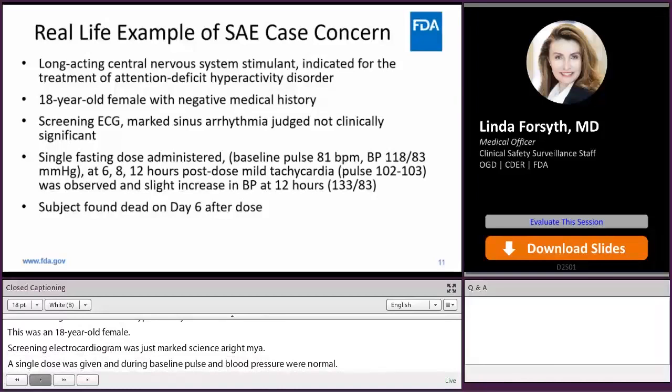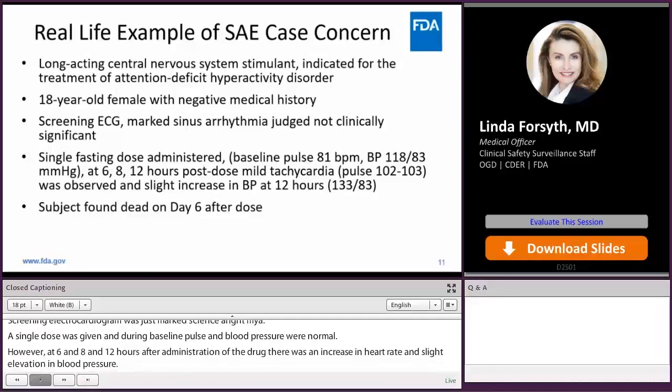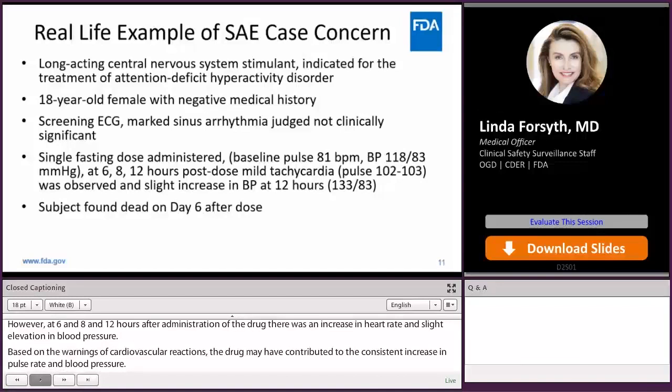Based on the warnings for cardiovascular reactions and sudden death, the drug may have contributed to the persistent increase in pulse rates and blood pressure. Unfortunately, this subject was found dead on day 6 after receiving a dose and while participating in the study.